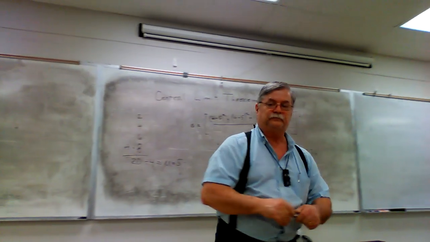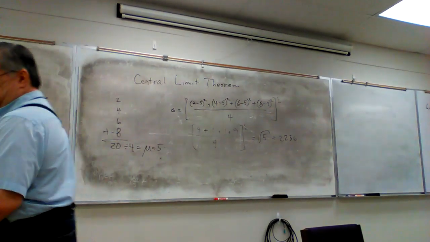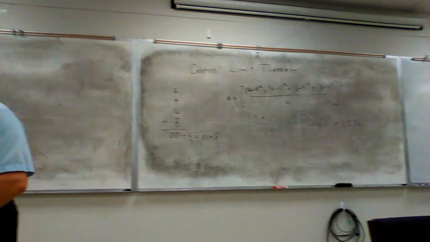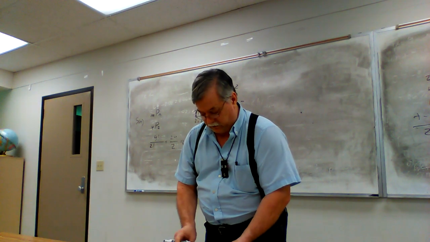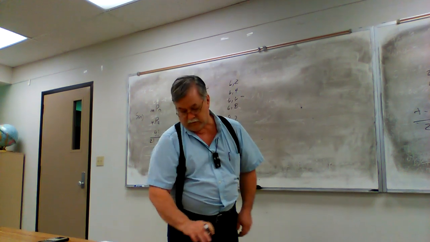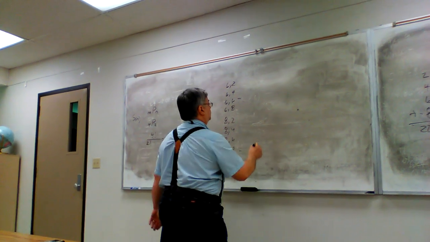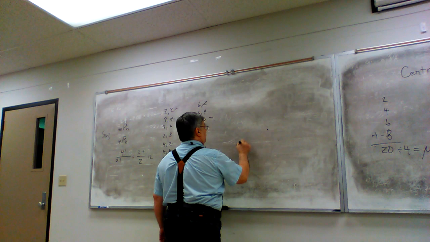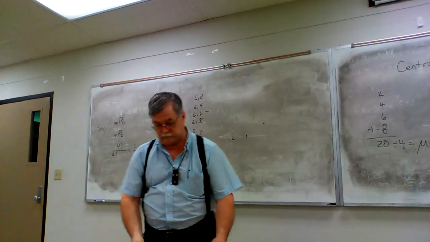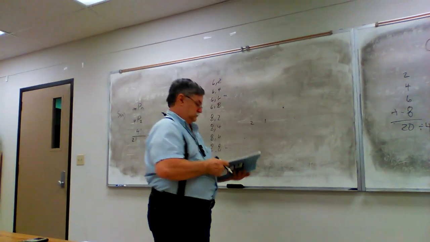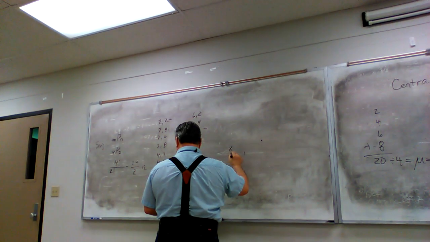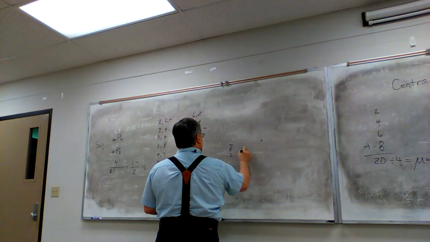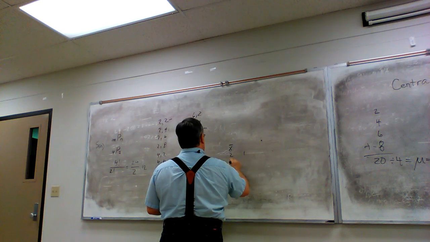Now, if you do a frequency distribution of this, let's say for x bar of 2, you have 1. And that's what you do.